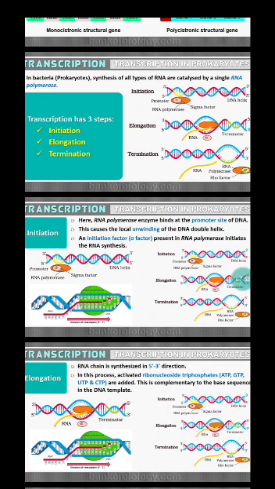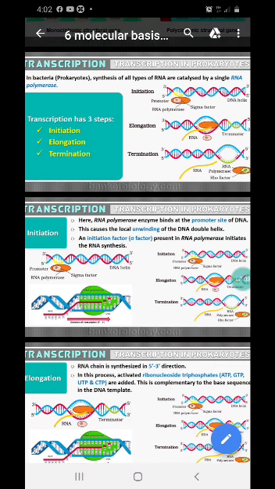And there are mainly 3 types of RNAs which are important for the next process, translation, which is protein synthesis again. Clear?